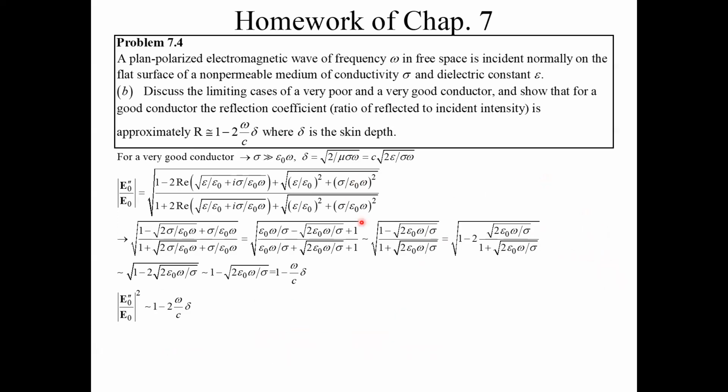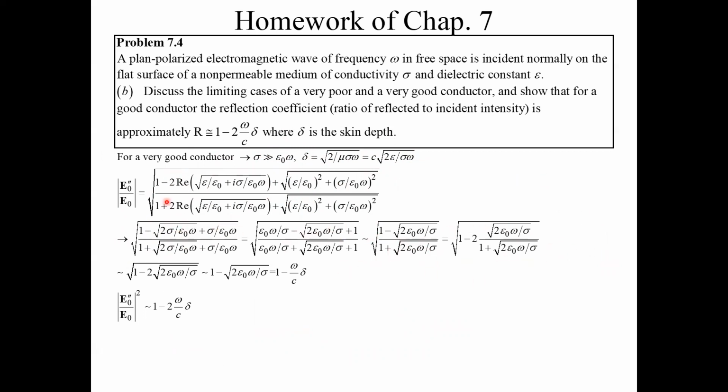And for good conductor, the sigma is much larger than epsilon 0 times omega, and the skin depth will be equal to this one, and we sort it to this form. And the same, this term will be much larger than this term, so this term will cancel. And this term, after some calculation, will be equal to this one, and we just do some sorting steps.